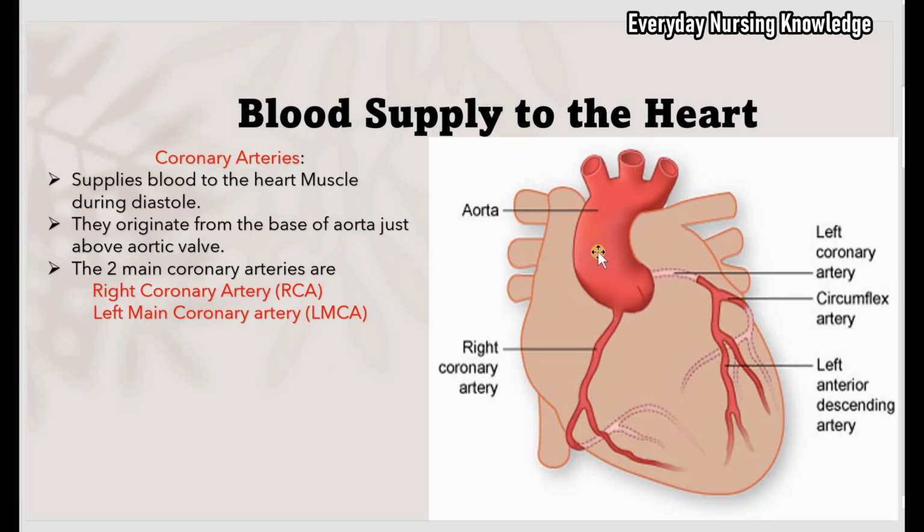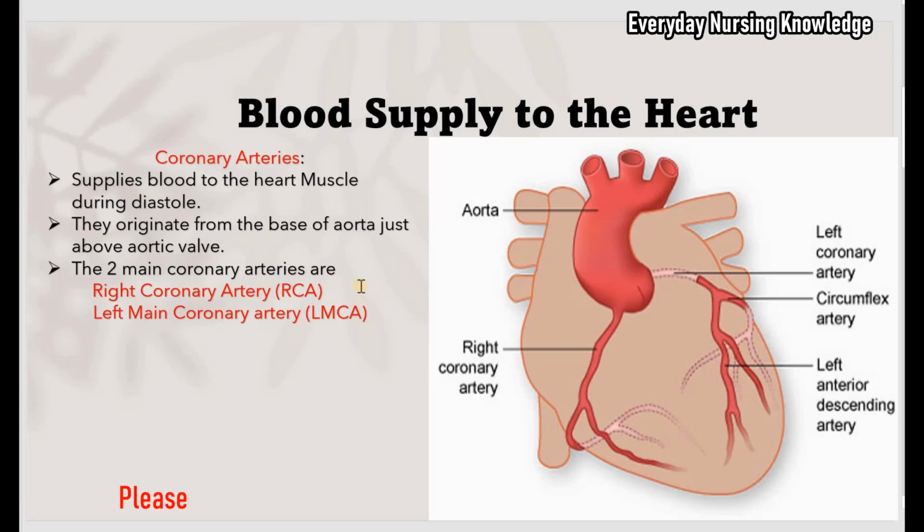As a result, blood in the aorta flows through the coronary arteries, and these coronary arteries give oxygenated blood to the heart. So coronary arteries are the arteries that supply blood to the heart muscle, and it happens during diastole, or when the heart relaxes. And they originate from the base of the aorta just above the aortic valve.